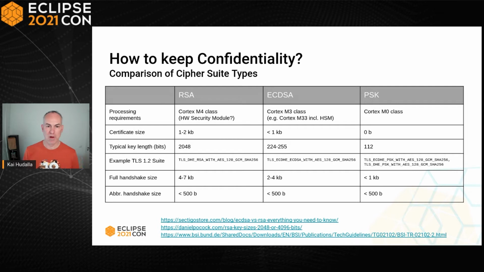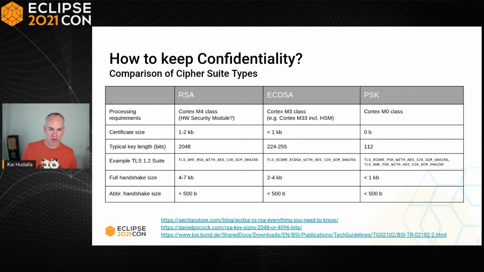So with an RSA-based handshake, you get to 4 to 7 kilobytes, mostly depending on the number of certificates in a certificate chain that your server or client needs to send to the peer in order to validate the peer's certificate.